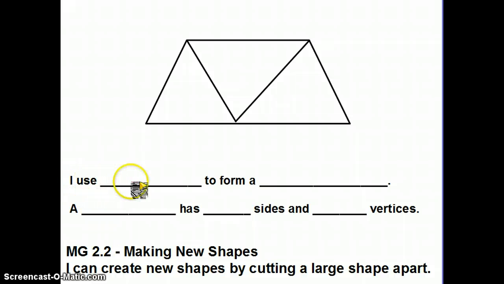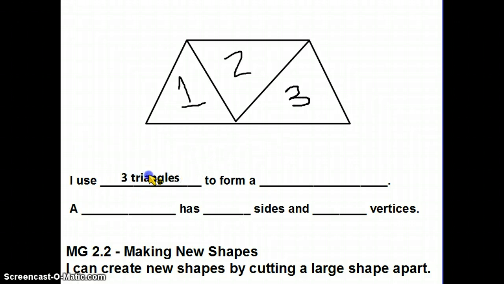I use blank to form a blank, and then I have to count the sides and vertices, and I'm going to use a sentence: A blank has blank sides and vertices. Okay, so I'm going to go ahead and say I have 1, 2, 3 triangles. So I use 3 triangles to form a trapezoid.